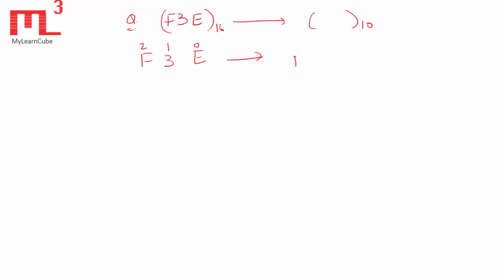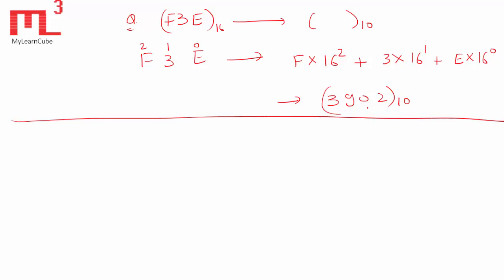So it will be F into 16 squared plus 3 into 16 plus E into 16 to the power 0, which after solving will give you 3902 base 10. So this is the way to solve this.